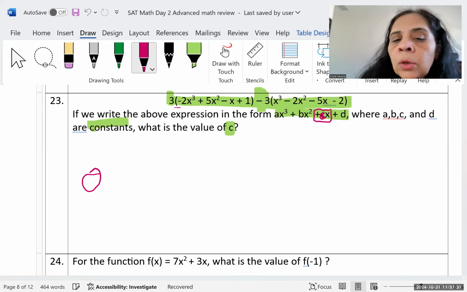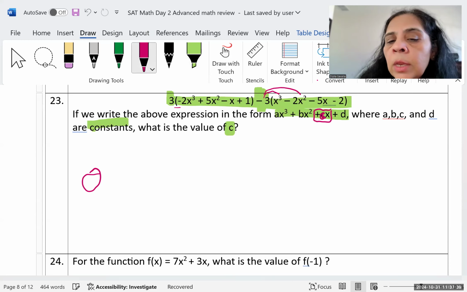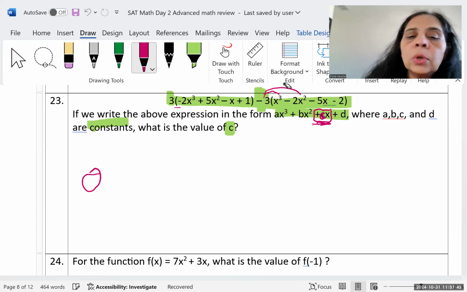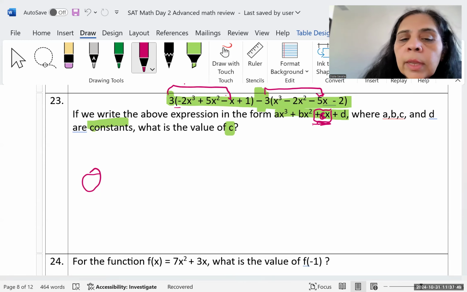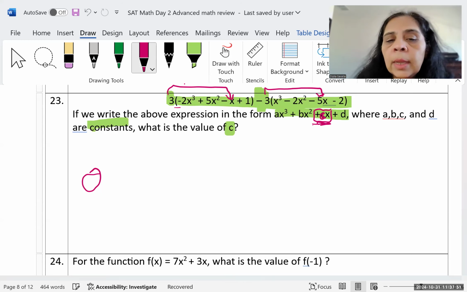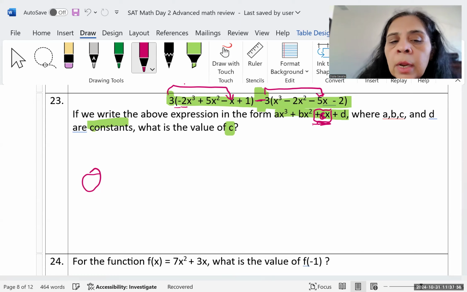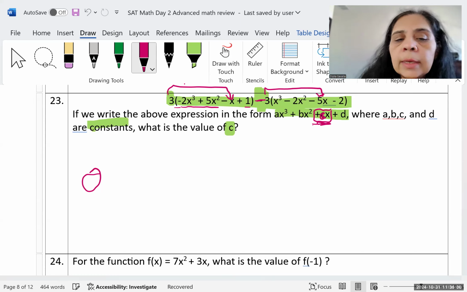So if you do the product, in which terms will you get a coefficient of x? If you check here, this will give you x, and this you will get x. And we have minus here, remember that, right? So I will just use that. 3 times negative x is negative 3x.